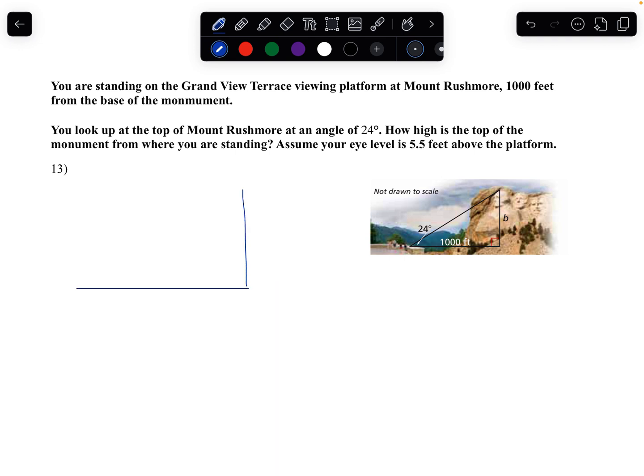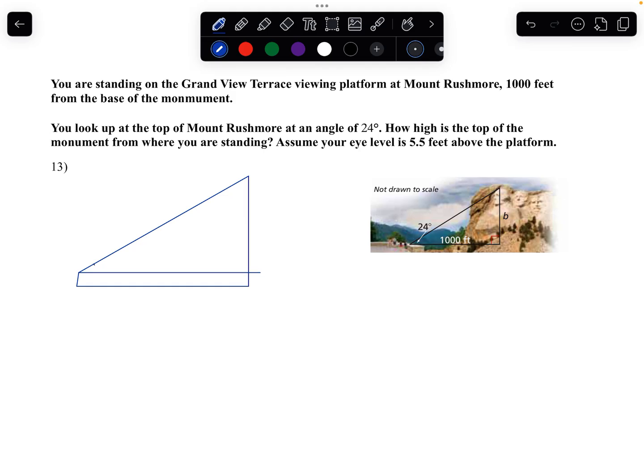Let's see how this works out right here. You look up at 24 degrees.